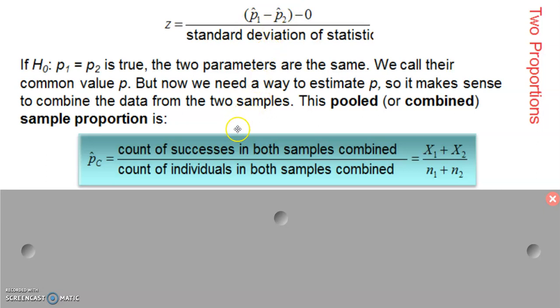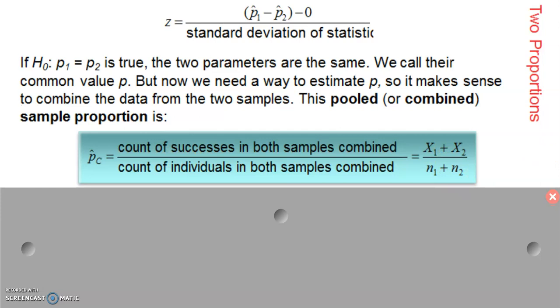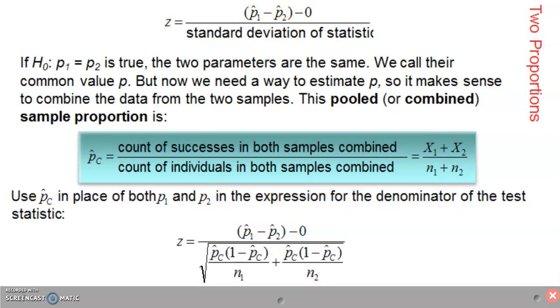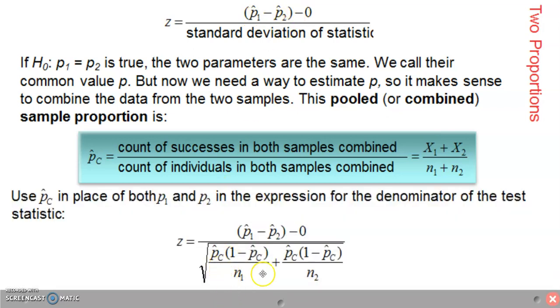But it's basically a weighted average, because if one of these is a bigger sample than the other, we want it to count more. So basically you count up all your successes from both samples combined, and you count up both sample sizes combined, and you find this new proportion, which is going to be kind of part of the way in between your p hat 1 and your p hat 2. And that is the number that we use to find the standard deviation of your statistic.